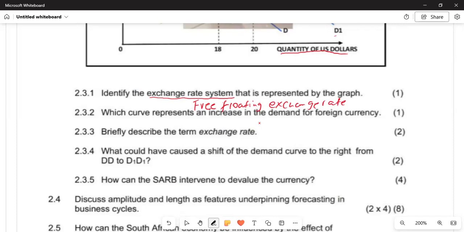We know that a free floating exchange rate is a currency value that is determined by supply and demand. Example, if demand for rand rises, the rand strengthens against the dollar. So now we are moving on.